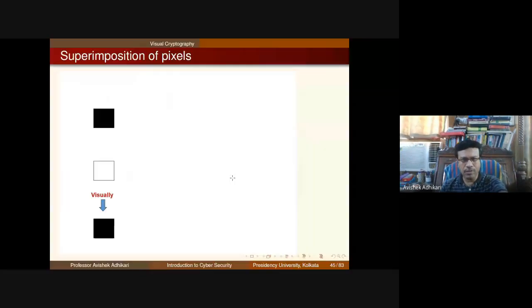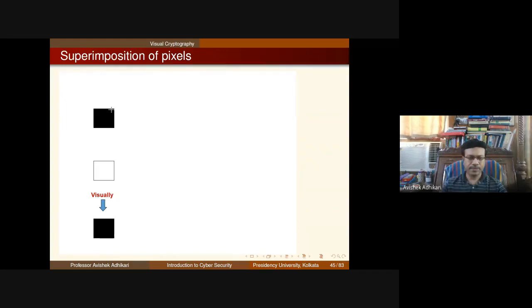So now you will be able to understand. Suppose I have drawn a black square on my paper and I take a printout on a transparent sheet. Now what will happen? There will be a black portion on the transparent sheet.